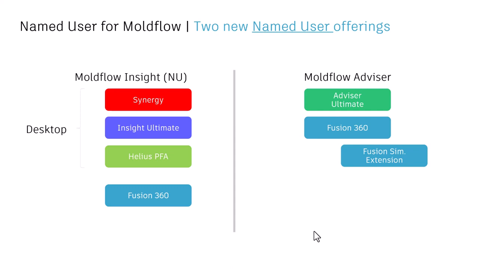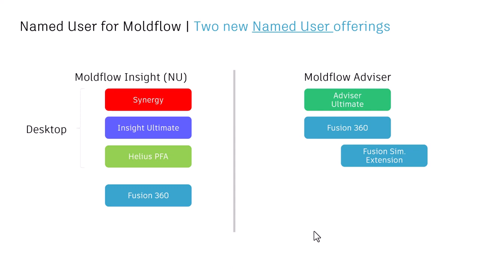Also with that, you'll get access to the Fusion 360 subscription. For the Moldflow Advisor, you get access to the Advisor Ultimate and Fusion 360, and the best part is that you also get access to the Fusion simulation extensions.